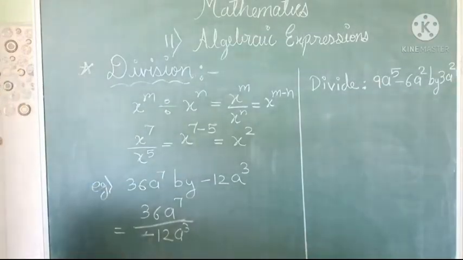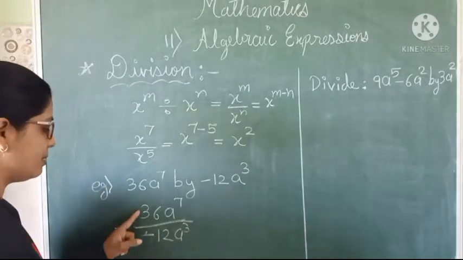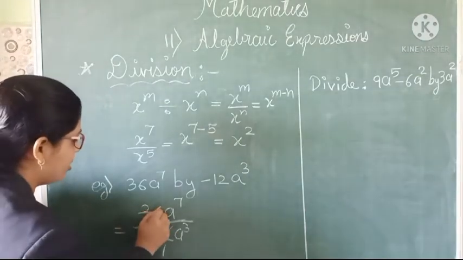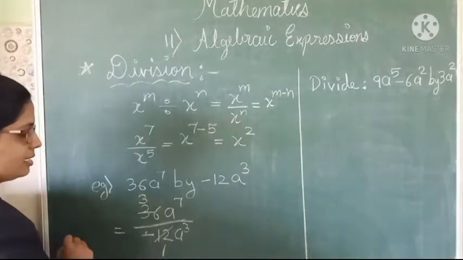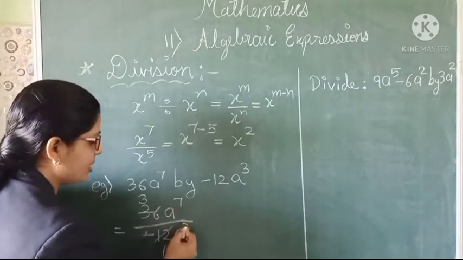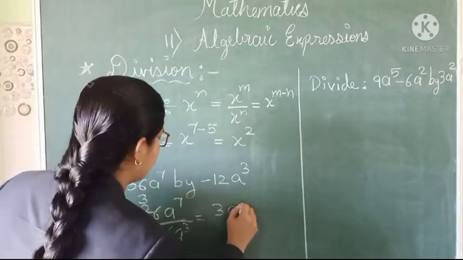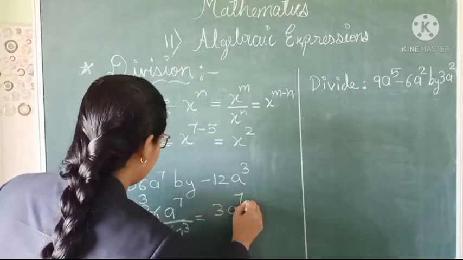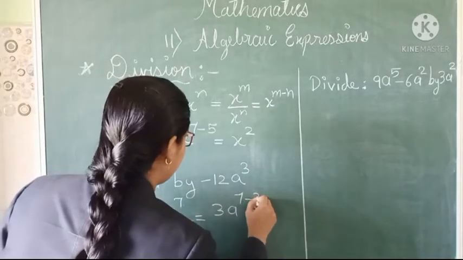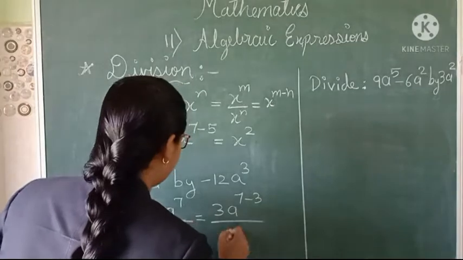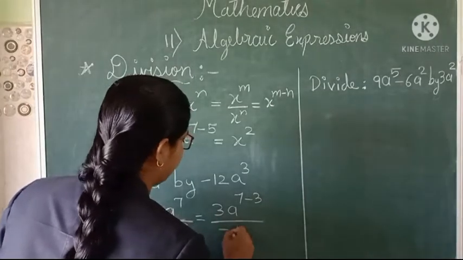So what we will do here? First we will divide this number. 12 ones are 12, 12 threes are 36. And a raised to 7 and a cube, it will be 3a raised to 7 minus 3 upon negative 1.